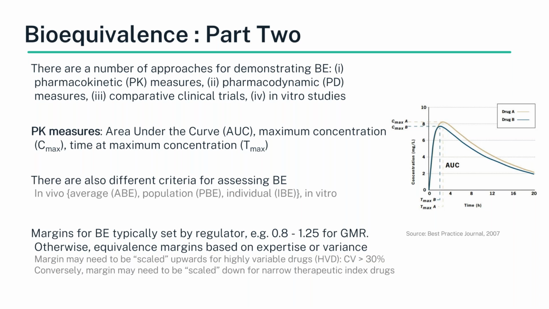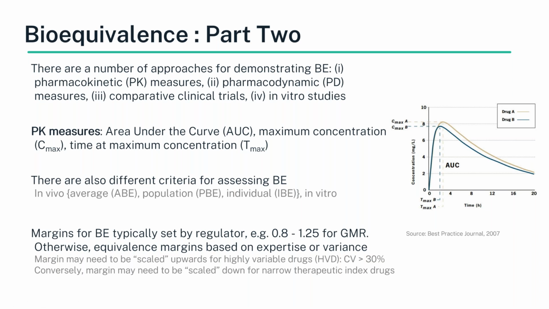So as well as the different approaches, there's also different criterion for assessing bioequivalence, and typically regulators are only going to require evidence for average bioequivalence in order to grant approval for a generic product. And so average bioequivalence is fairly straightforward.